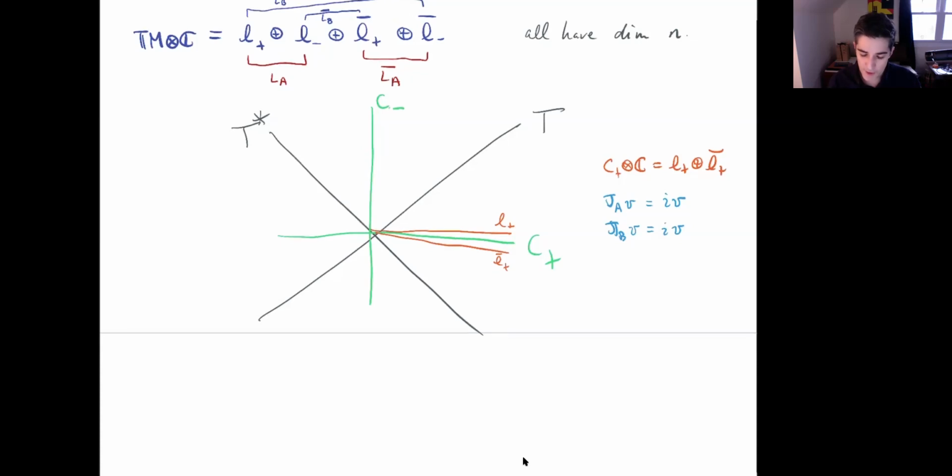So that means that V would be in here and V bar would be in here. And so you could take the inner product of V and V bar, and check what sign it has.